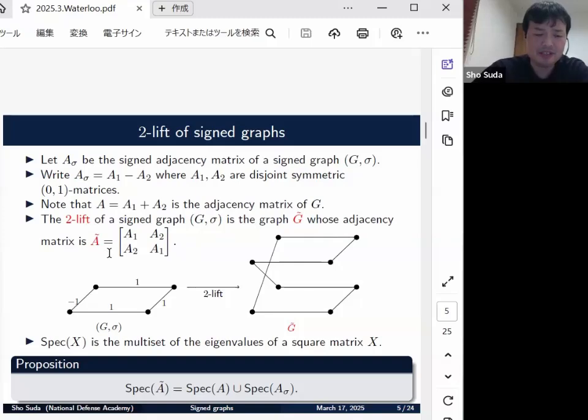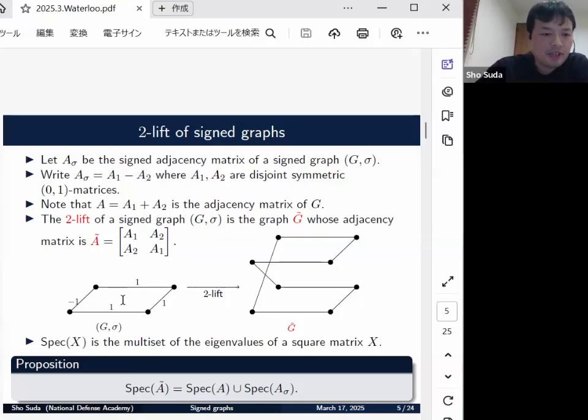So A tilde has the 2x2 block form, where the 1-1 block and 2-2 block are equal to A1, and the 1-2 block and 2-1 block are equal to A2.